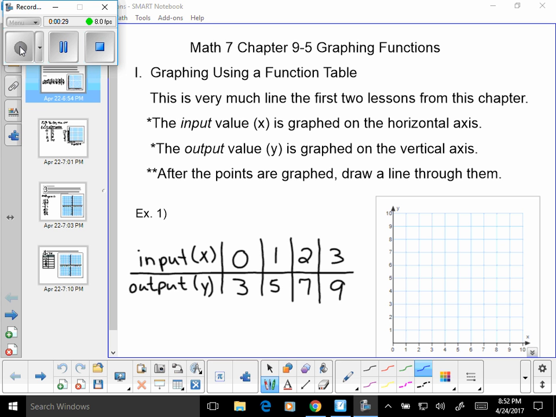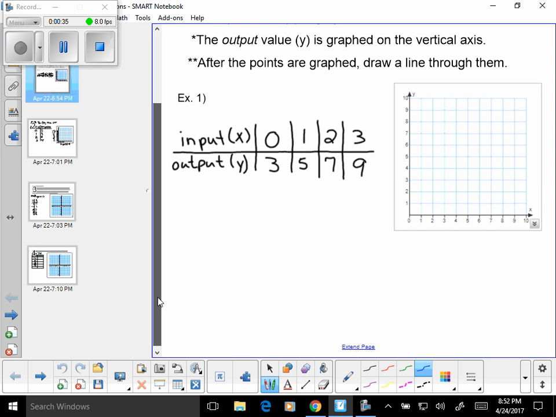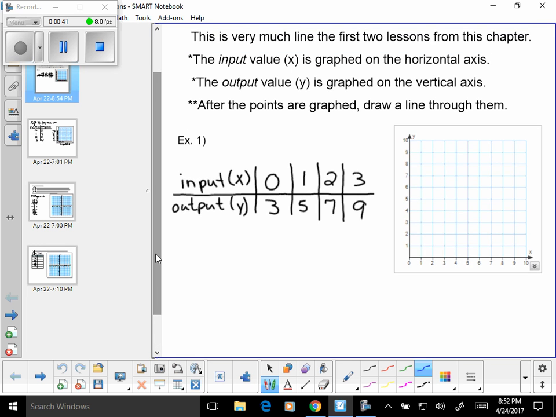The input value is the x. That is going to be graphed on the horizontal axis. Now, your graphs don't have it, but you can see down here in the video that there is a small x. So if you want to put an x down here on the horizontal to help you, that would probably be a good idea.